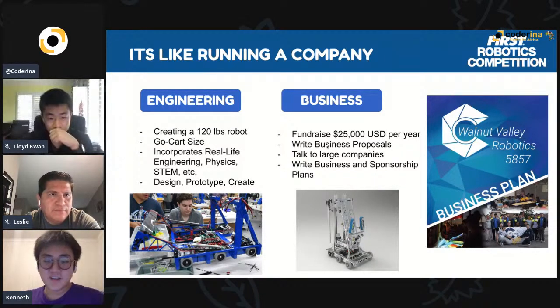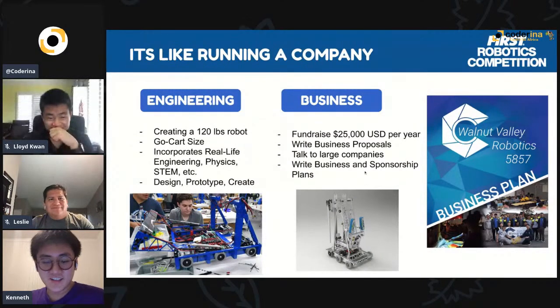On the business side, we write business proposals and talk to large companies such as NASA, Boeing, and car companies. They also write business and sponsorship plans. If you want to know more about this, Lloyd is an expert at business plans. He won the entrepreneurship award at the World Championship stage.